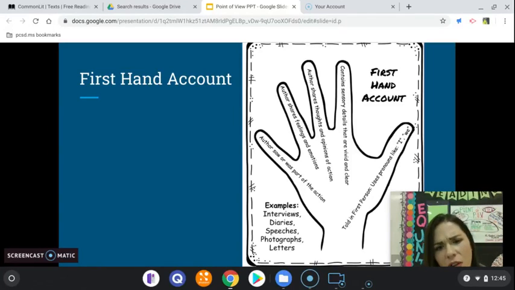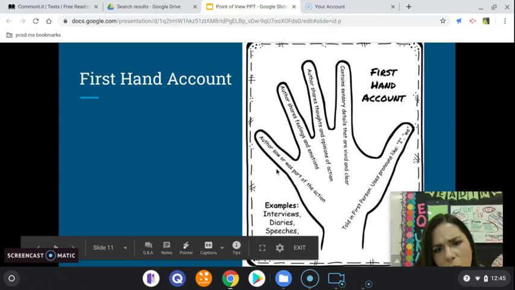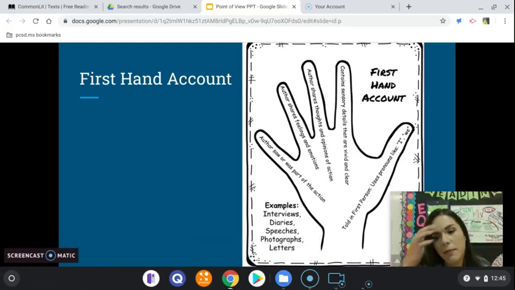You're going to know the author saw or was part of the action. Okay, you're not getting information from somebody that did not happen to them. They were there. The author shares feelings and emotions. And that's exactly like I talked about. They were there. It is something that they have experienced, and it is coming straight from the source.